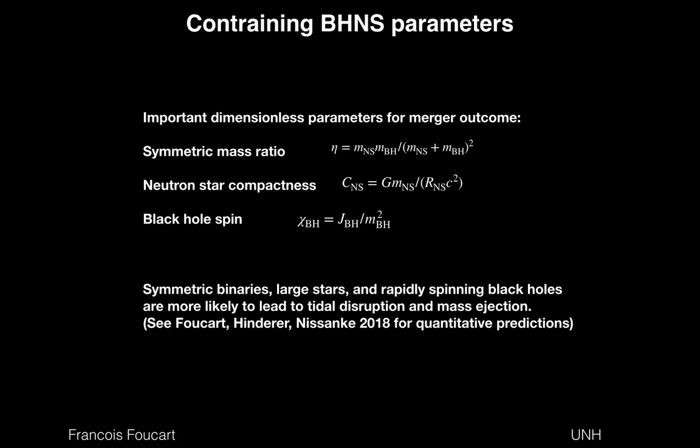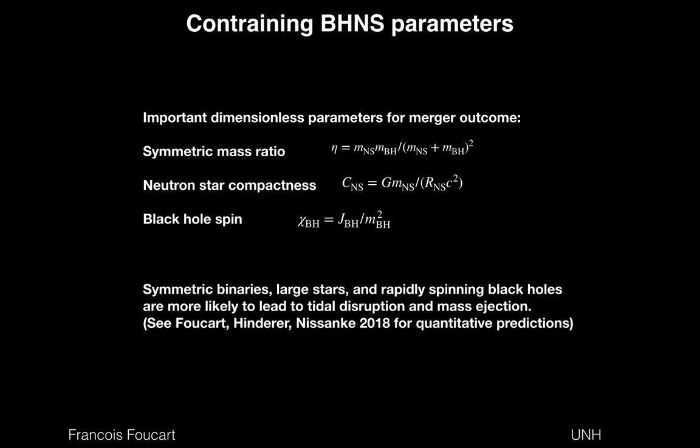This is particularly relevant if we consider the population of black holes currently observed by LIGO in binary black hole mergers. Most of those black holes are relatively heavy, above 10 solar mass, and relatively low spin, which we will see also matters.